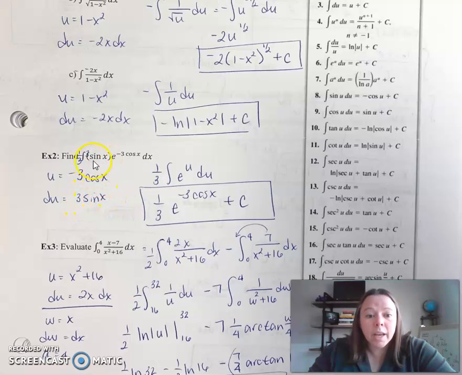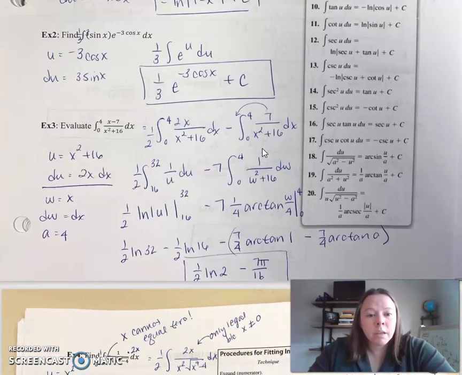Well, almost. I have the sine of x dx, but I need the 3, so putting the 3 and the 1/3 in front. But then when you go to rewrite this integral, you have an e to the u du with a 1/3, and now that's one of your basic antiderivatives that you can do. So it's all about rewriting the integral in terms of u so that you can actually do the antiderivative.